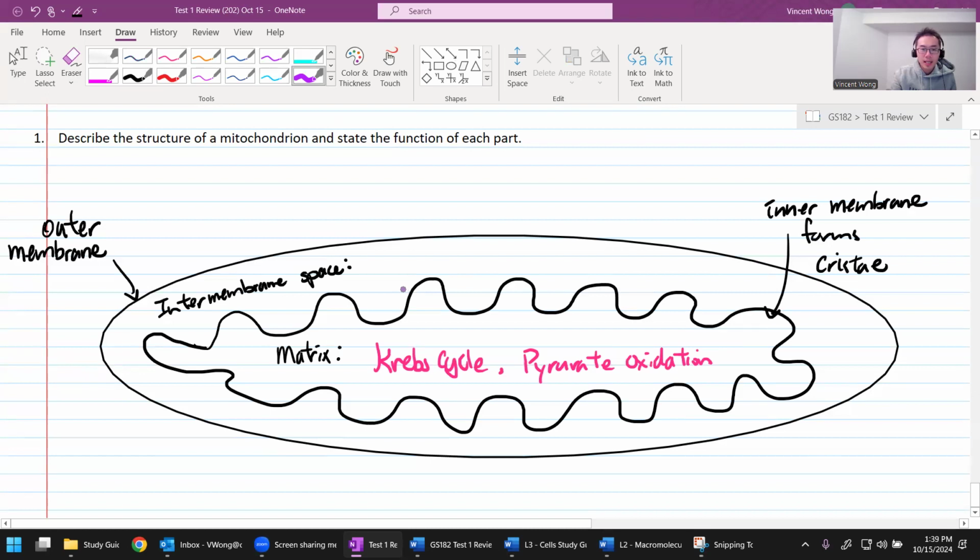And in the cristae, we're going to have the electron transport chain, which is just a series of proteins with increasing attraction to electrons. These are the ETC, electron transport chain.